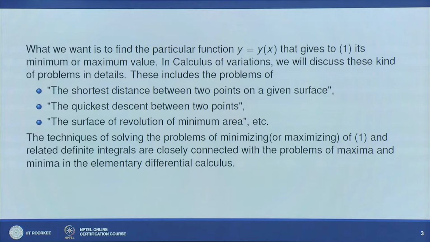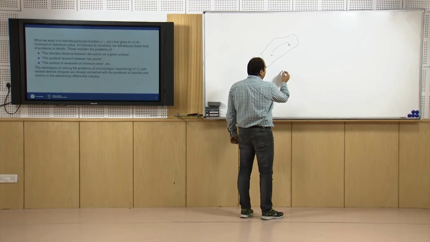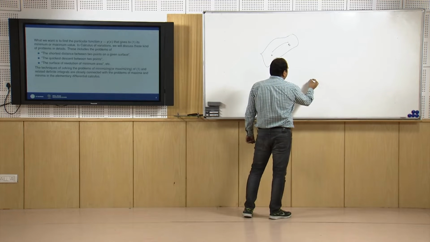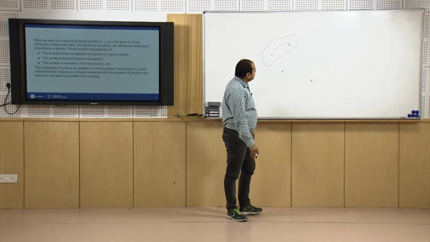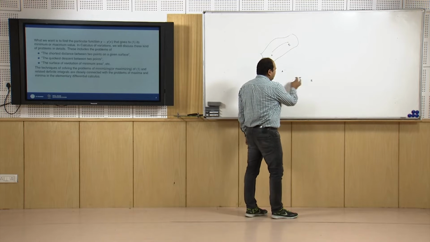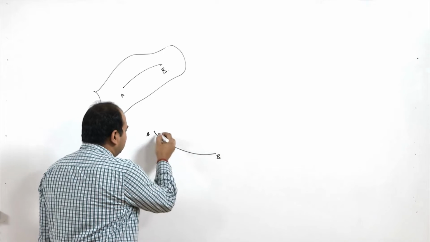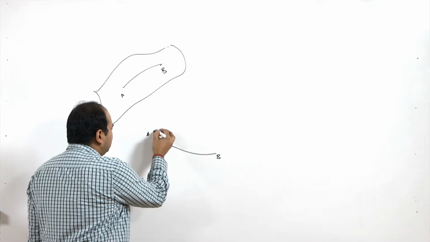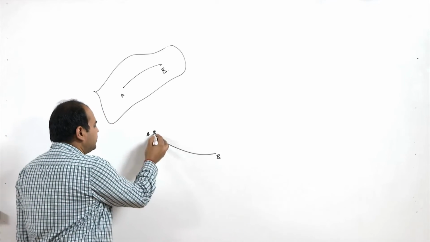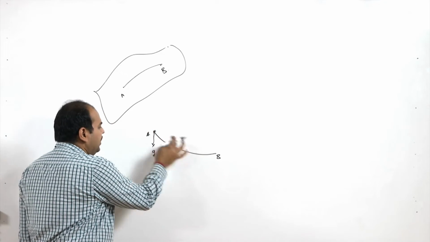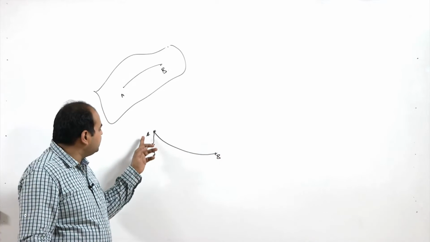Consider that in a vertical plane we have 2 points A and B, of course not at the same height, and we try to find the curve connecting A and B such that a particle which starts from A and falls under the influence of gravity from A to B takes the least time to go from A to B.